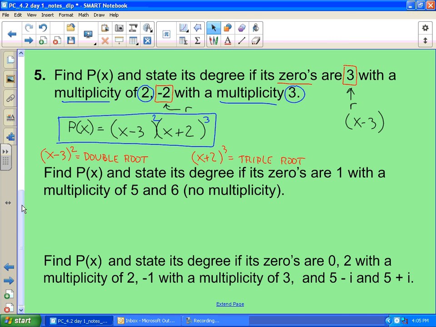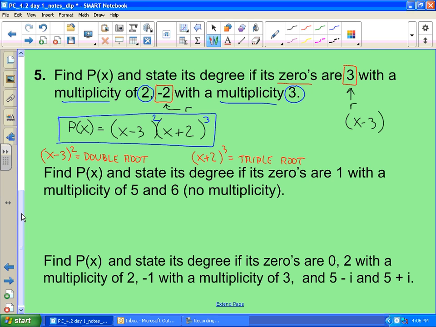And now, what makes these unique? Well, on double roots, my graph will bounce off of that x-intercept. And on a triple root, my graph approaches the x-intercept, kind of flattens out, goes through the x-intercept, and then goes vertical, up or down, one of the two ways.